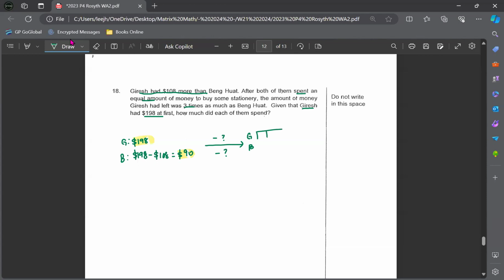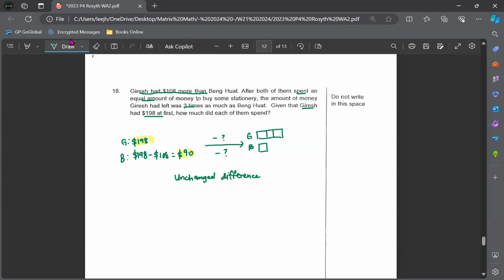So this will be 3 units, Bing Huat only 1 unit. If you have two same symbols, minus minus or plus plus, it means unchanged difference, because you're taking away the same quantity from both groups.